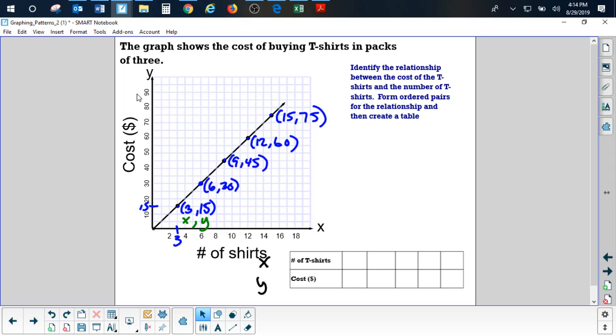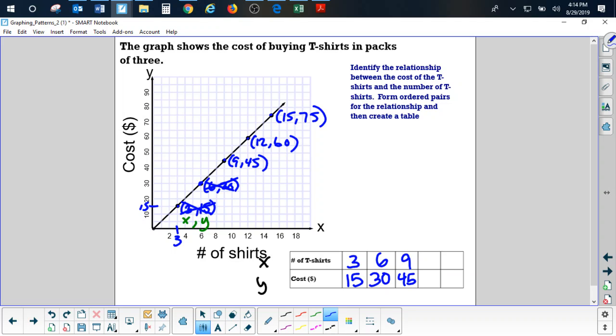So my first point was 3, 15. 3 is my x, and 15 is my y. All right, so we're done with our first point. We're going to move on to the second point, which is 6, 30. I know 6 is my x, 30 is my y. Again, we're just going to keep going through. 9, 45.